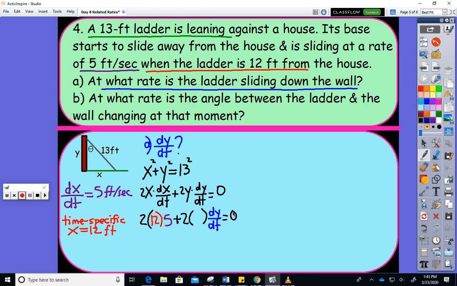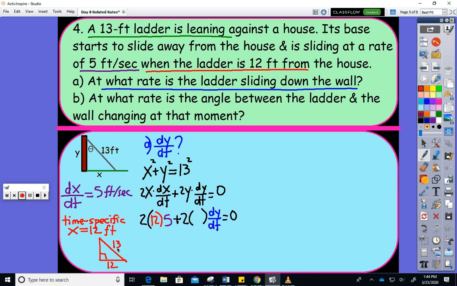So I've got to do something to figure out y if I'm going to solve for dy dt. That blue variable is the only variable I can have. Everything else needs to be numbers. Sometimes you have to take steps to draw a time-specific picture. On my time-specific picture, when specifically x is 12, the ladder's always 13.